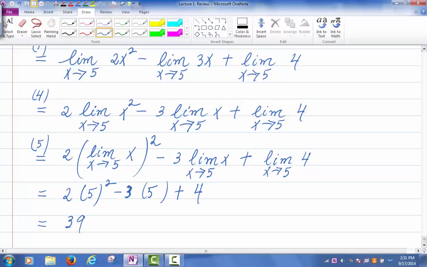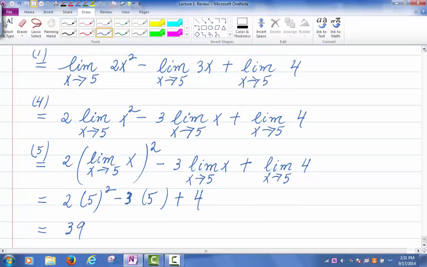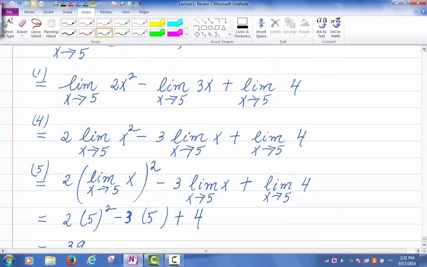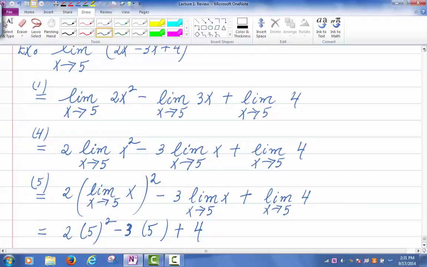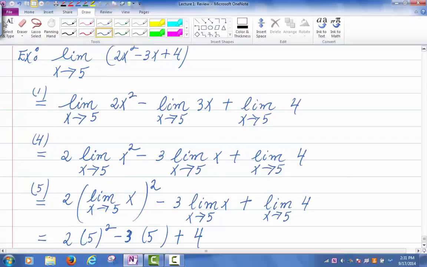Okay, now my question again, what's the net work that we have done? We started out with the limit of 2x squared minus 3x plus 4. We applied the limit laws, and then we came up with that numerical answer right here. What's the net work?